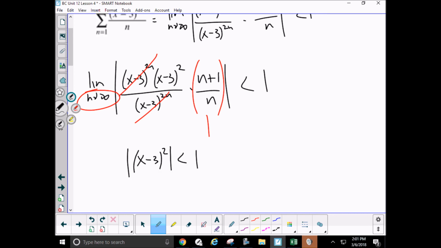Now, what we want to do in this situation is understand that if you take a square root now, it's not going to change the absolute value, because we'll always get a positive value here. So I don't want to rewrite this as x minus 3 squared and then take a square root of this negative. That's not going to help me out at all.